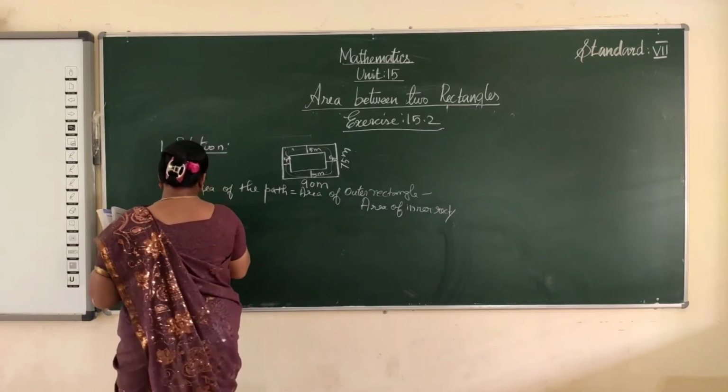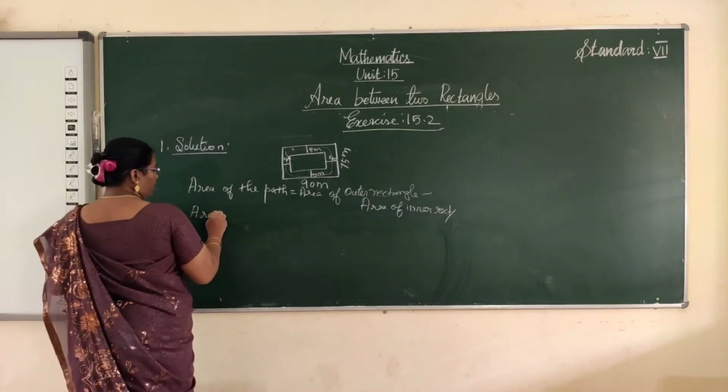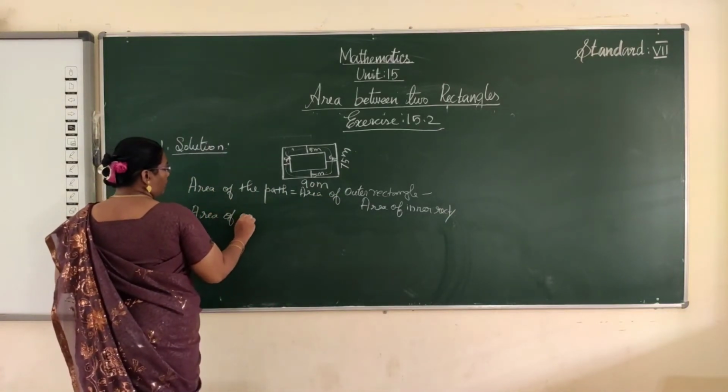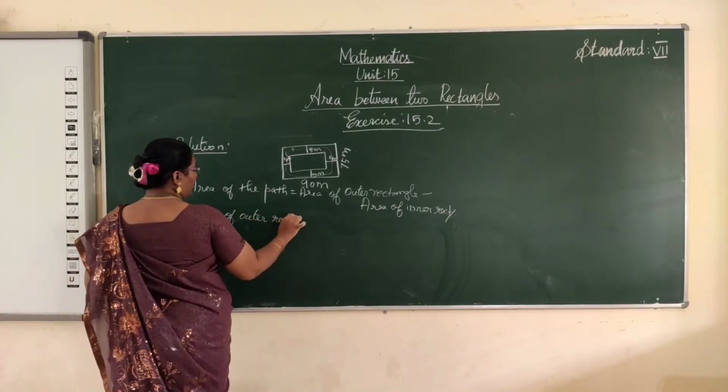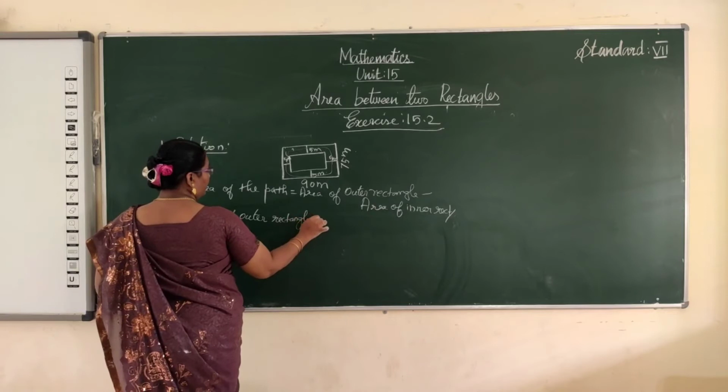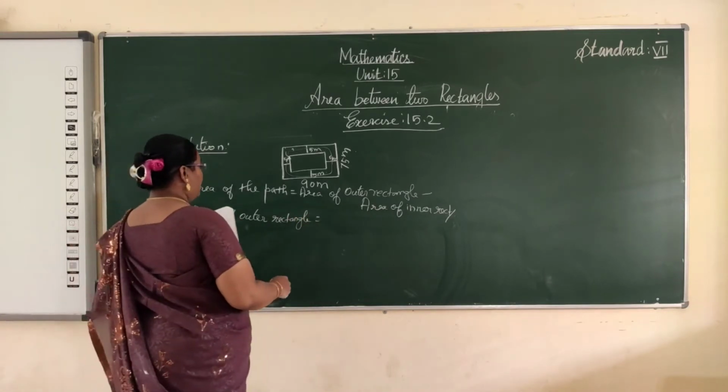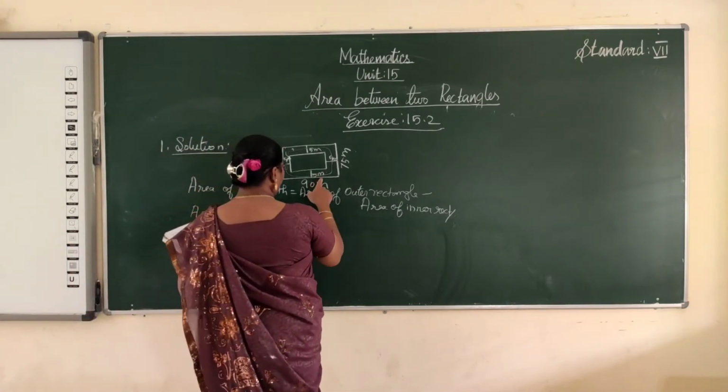First we calculate the area of the outer rectangle. How to calculate the outer rectangle? First we calculate the length.